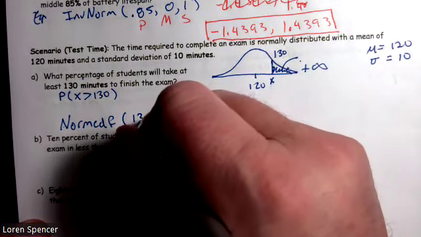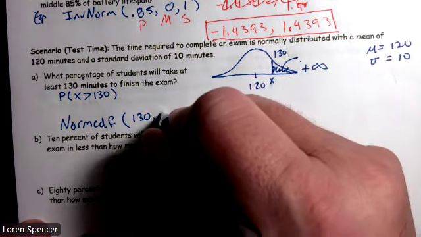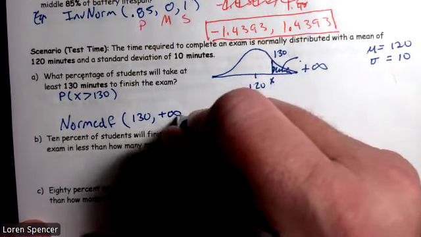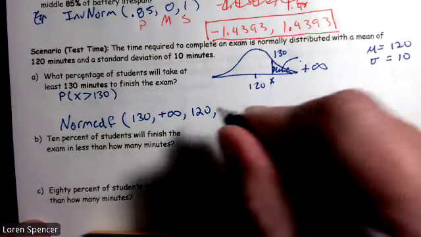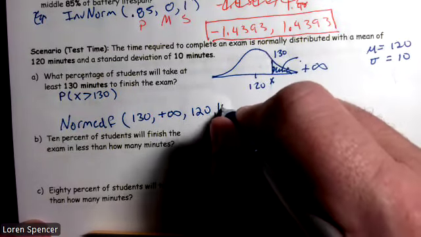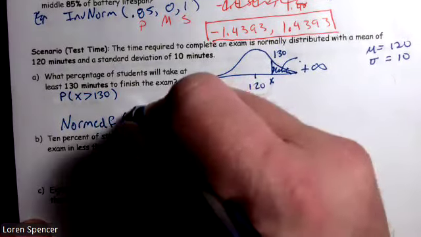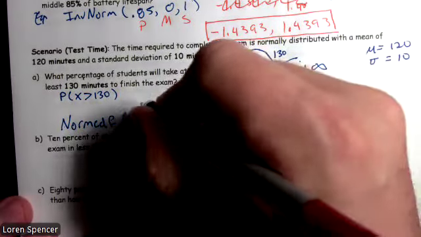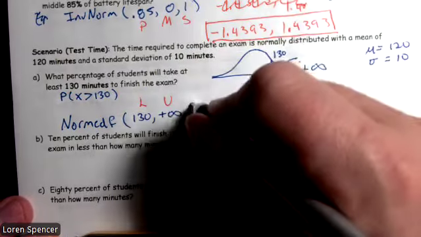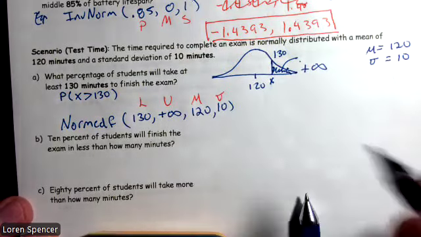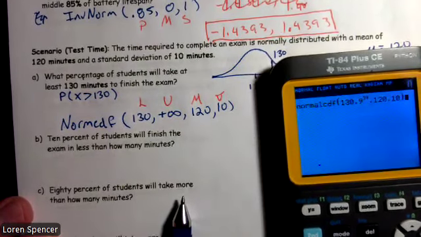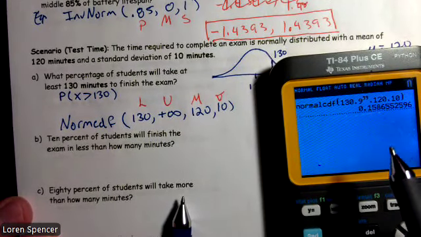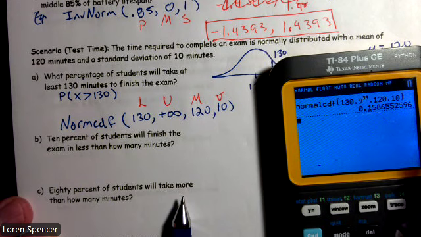So this is 130, a positive infinity, mean of 120, standard deviation of 10. That's exactly what the calculator asked for. And remember, this is our LUMO, which is lower, upper, mean, standard deviation. And we end up getting 0.1586.